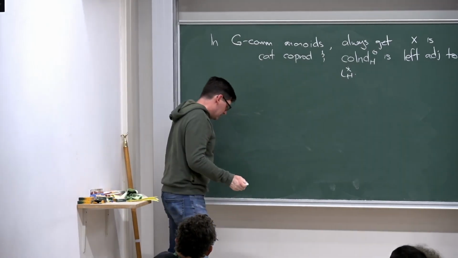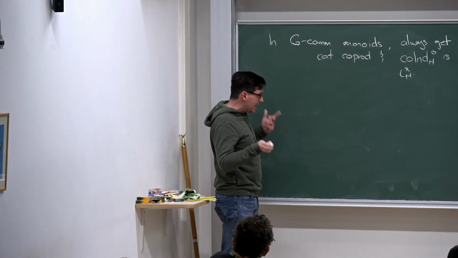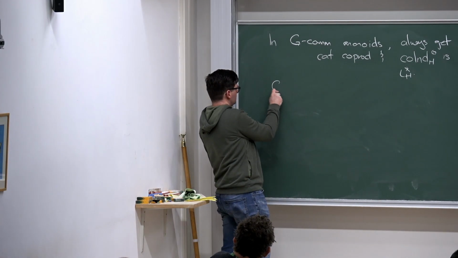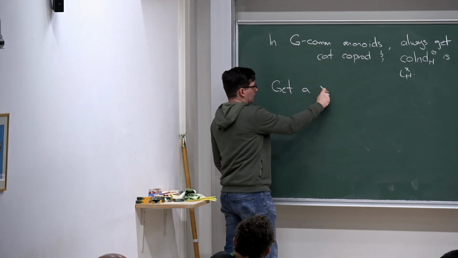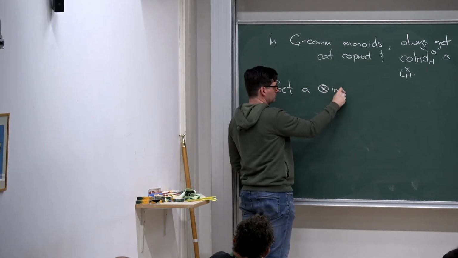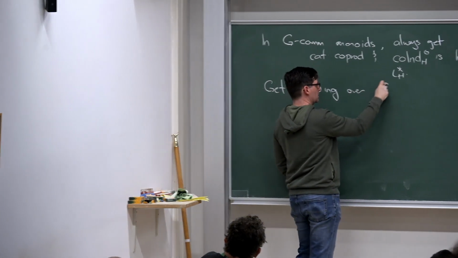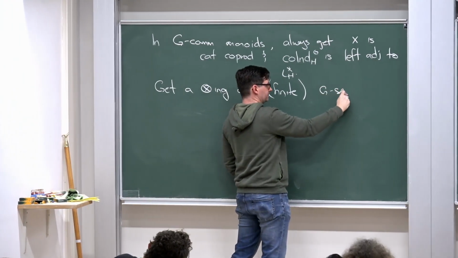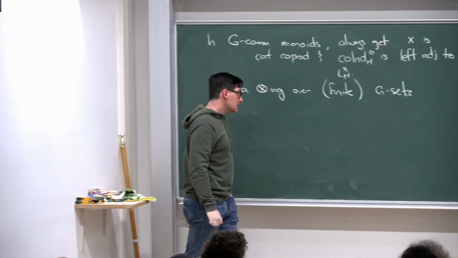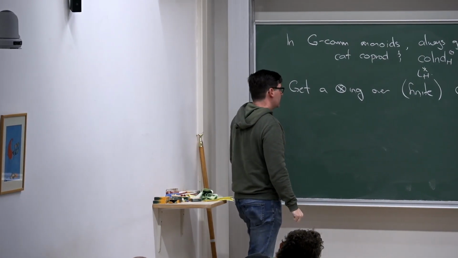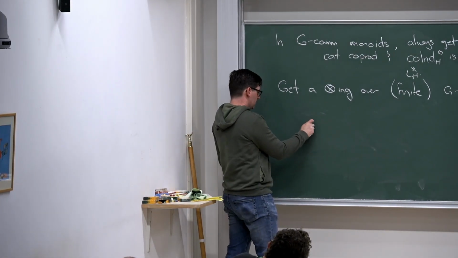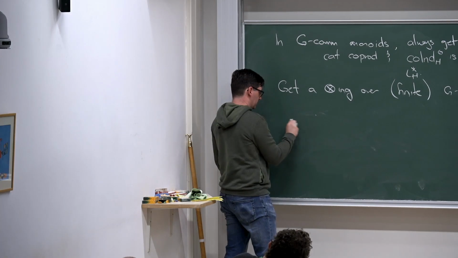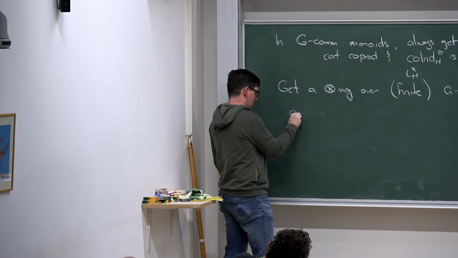I can think about now saying that my commutative monoids have a kind of tensoring over G sets. So I get tensoring over finite G sets, although passing to colimits, I don't need the finite part, where I'm just going to say that if you give me a finite G set, I'll describe it in two ways.